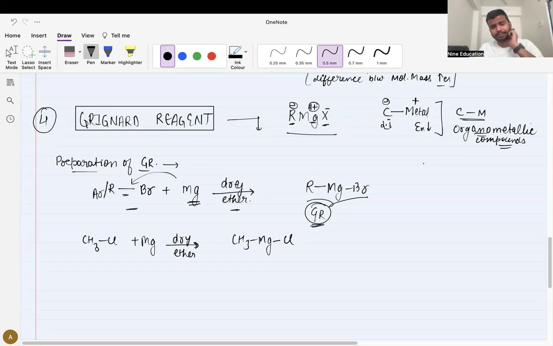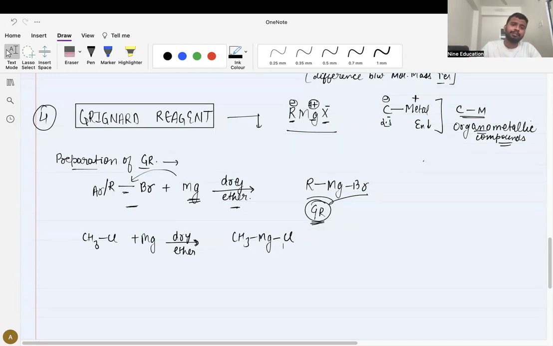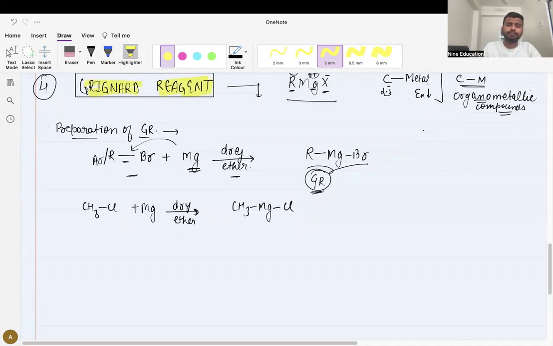देखें, then write this. Let's say I have chlorobenzene.